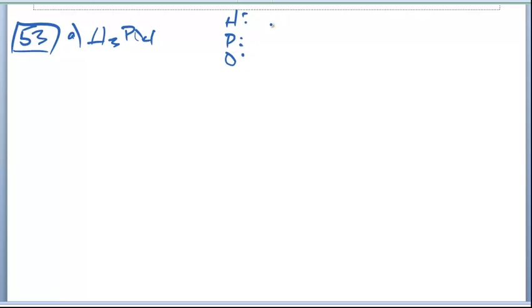Okay, so we have 3 hydrogen atoms, and each hydrogen atom has an atomic mass of 1.0 if we round it to the first decimal place. So the hydrogens are contributing a mass of 3. Phosphorus, there's only 1 phosphorus atom in here, and phosphorus, if we look it up in the periodic table and round to the nearest tenth, has an atomic mass of 31.0.